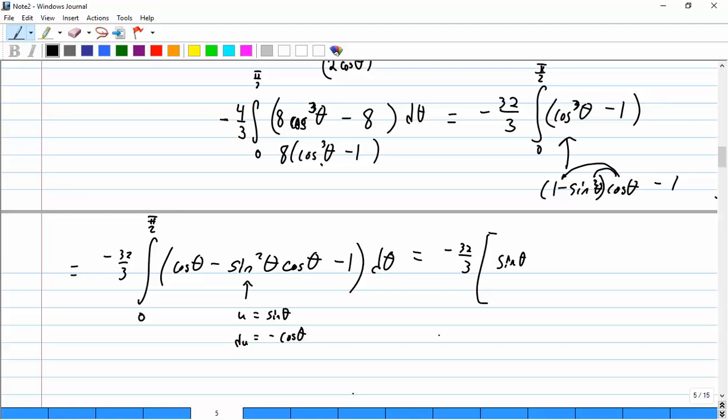No. Come on. I need to wake up. The du is equal to cosine theta. It's not negative cosine theta. So what am I integrating? U squared. So that's u cubed over 3, negative sine cubed theta over 3. And then the integral of 1 is theta.